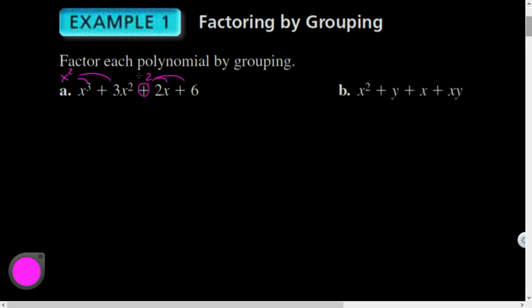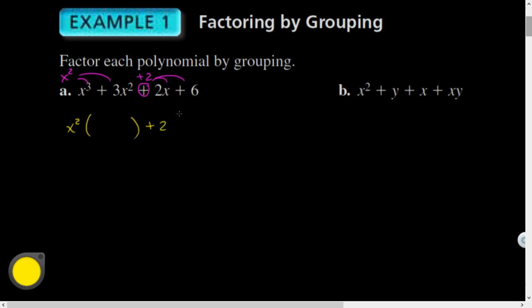And this is a plus sign, so I'm going to have that be a positive 2. 1 does fit into both, but it's not the greatest of them. I was trying to find the thing that goes into both x cubed and x squared, and it's the largest that I could take that each term could afford.